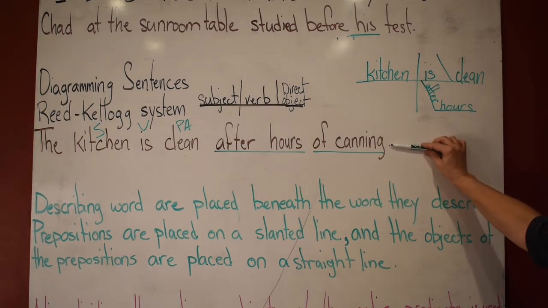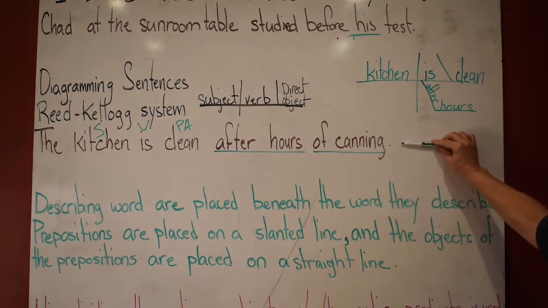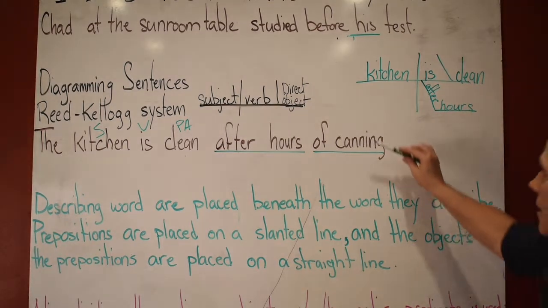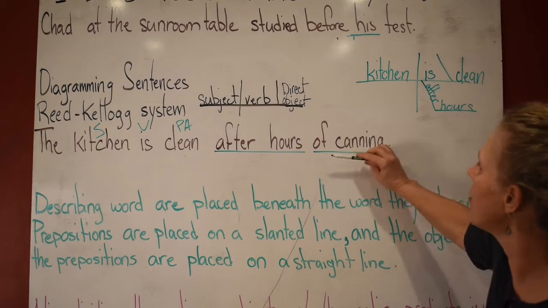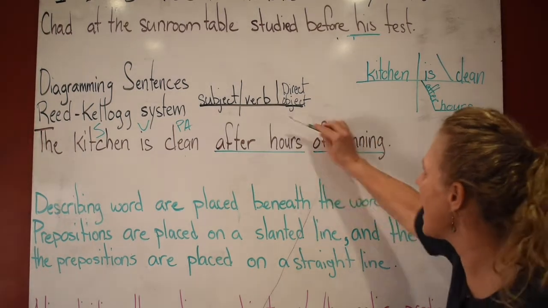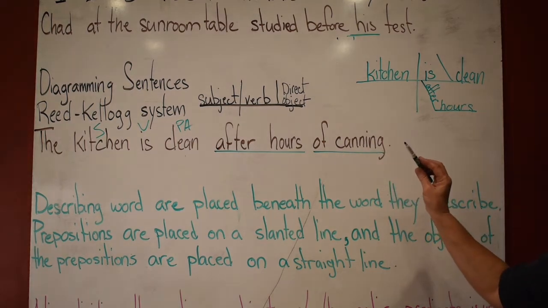Now, of canning. What's this describing? An adjective phrase. This right here is an adverb phrase. This is an adjective phrase. This is describing what word? Hours. Yep. Of canning is describing the hours. It was the hours of canning. That's what I thought, but it's confusing.